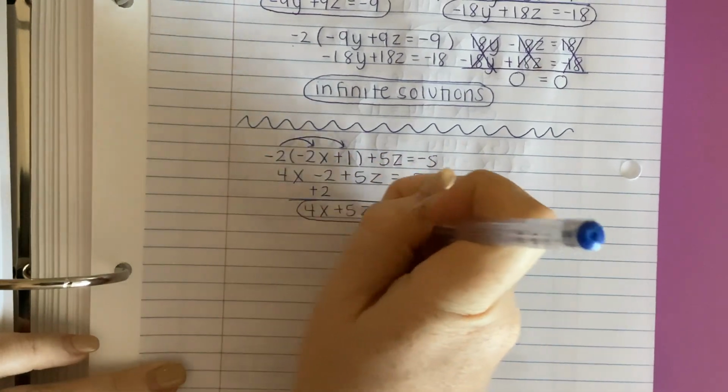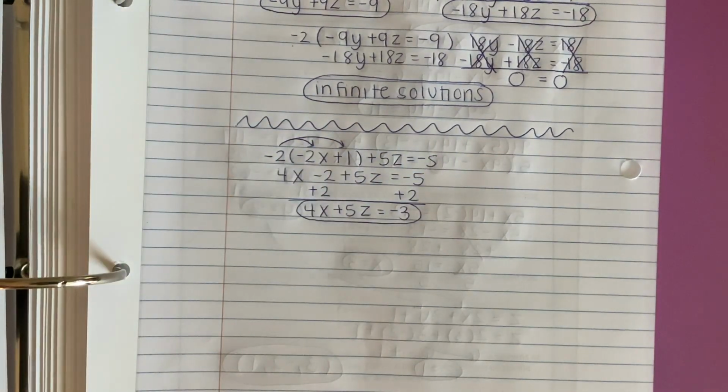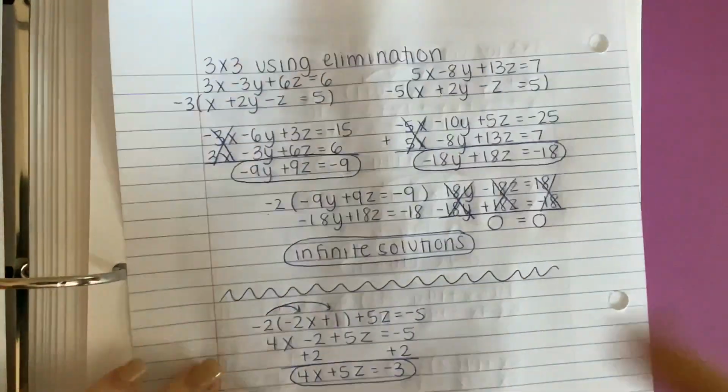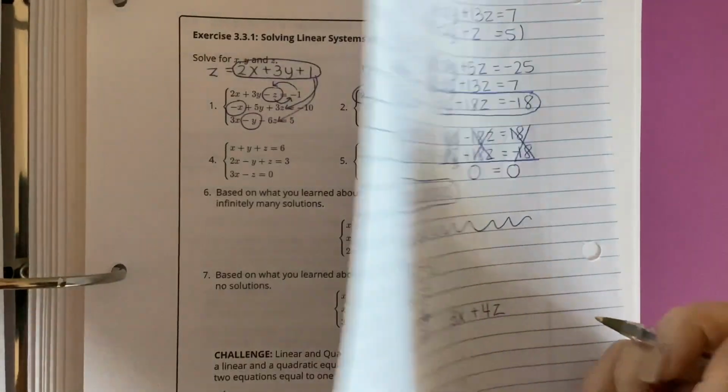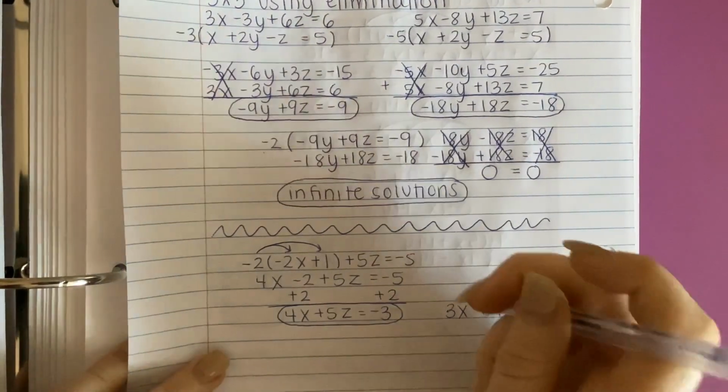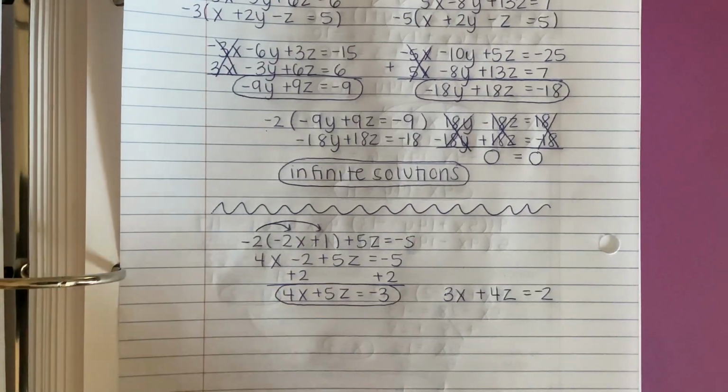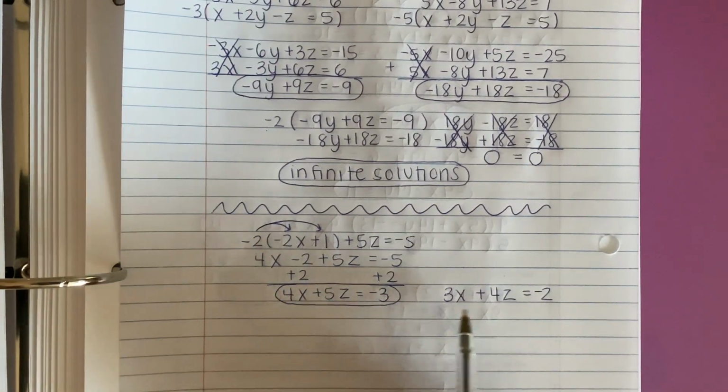So just by substituting into that second equation, if you look at your third equation, it's already just x's and z's. So your third equation is 3x plus 4z is equal to negative 2.